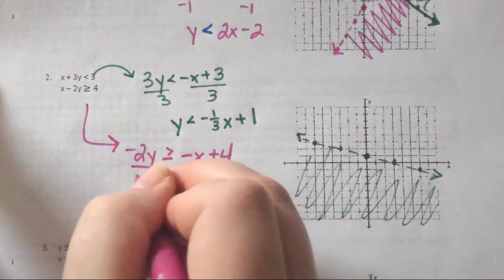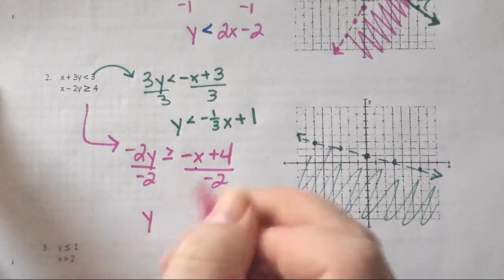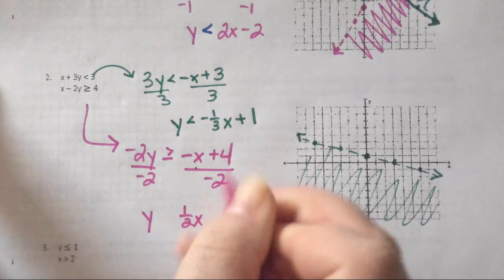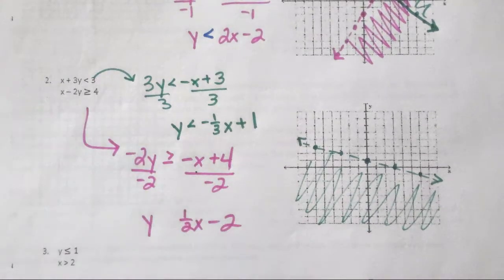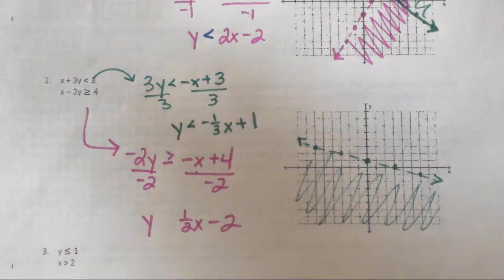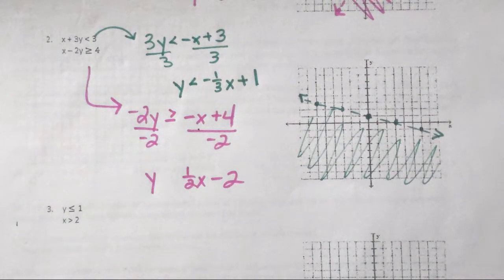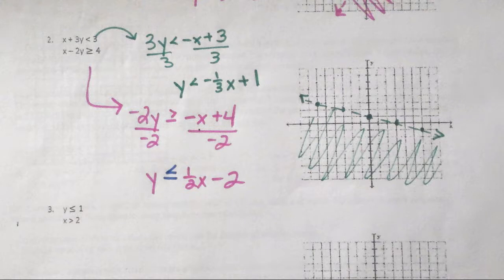When I divide by negative 2 on both sides, I've got y, divided by a negative is positive 1/2 x. Positive 4 divided by negative 2 is negative 2. But the most important part is since I've divided by a negative, I have to flip my sign. So instead of greater than or equal to, it becomes less than or equal to.